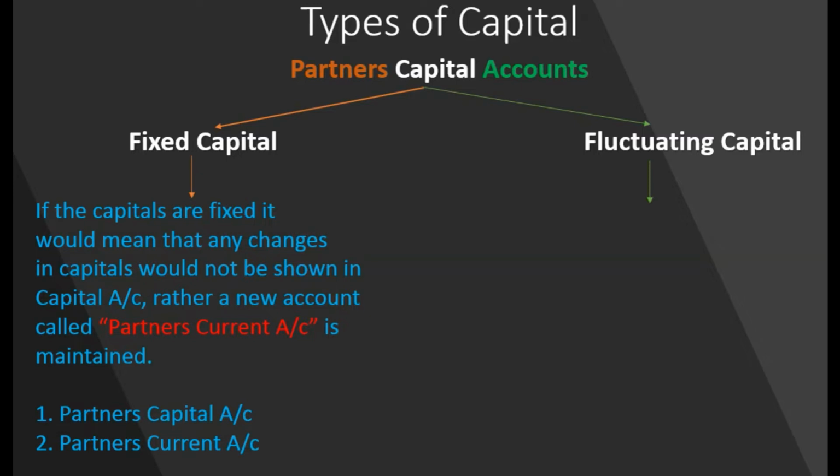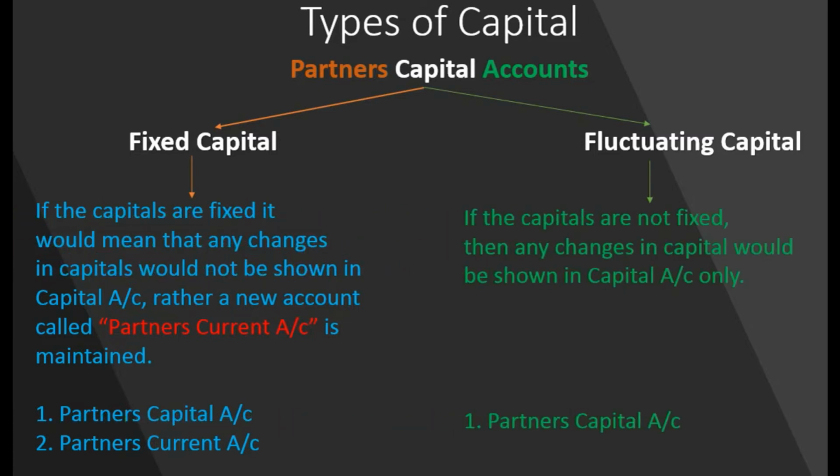However, at times, the partners may decide, let's not worry about what was the initial capital we brought. Let's continue posting everything into our capital accounts. That is where it's called fluctuating capital account. That means each year the balance in the capital account would change.